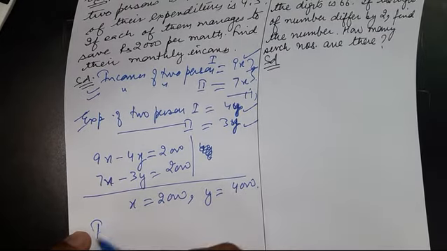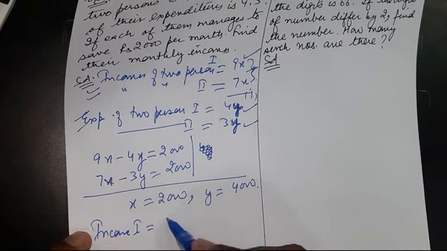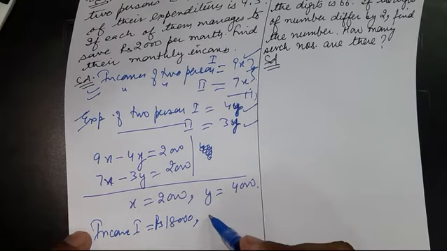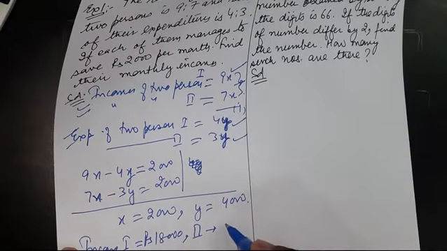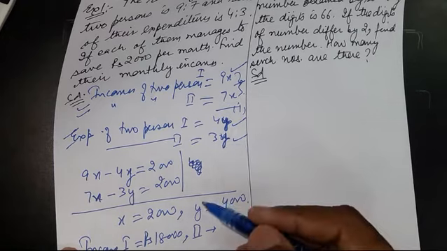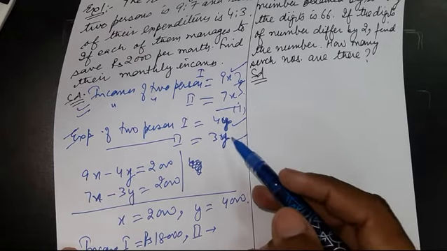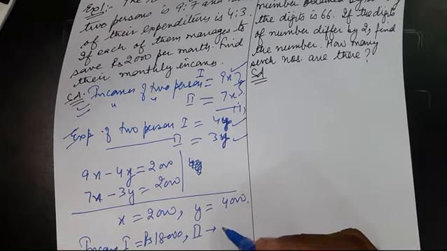So income for the very first person will be 18,000 rupees, and for the second person, as 7x is there, in the second equation, so incomes will be 18,000 here.